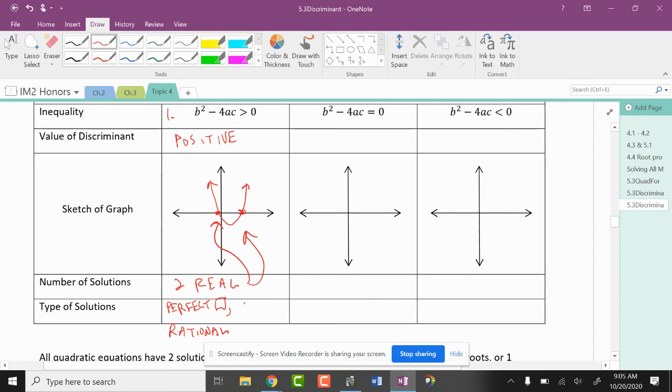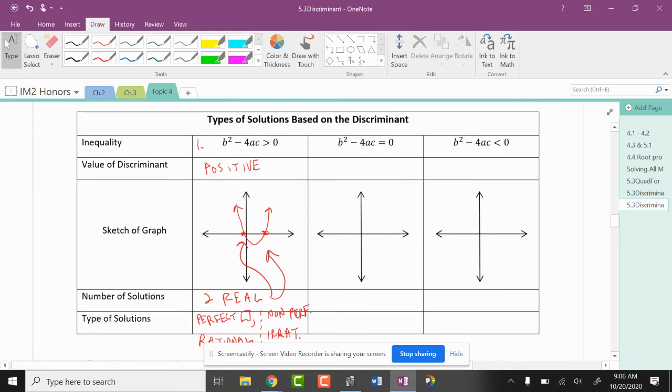The other case is if it's a non-perfect square, and I should separate these, well then that's irrational. That's when you get a square root of 12, let's say. You can bust out stuff on that, but you still have a square root left. To really find where that is on the x-axis, you have to go to your calculator and get the decimal. And I've had you do that once, calculating decimal approximations of square roots.